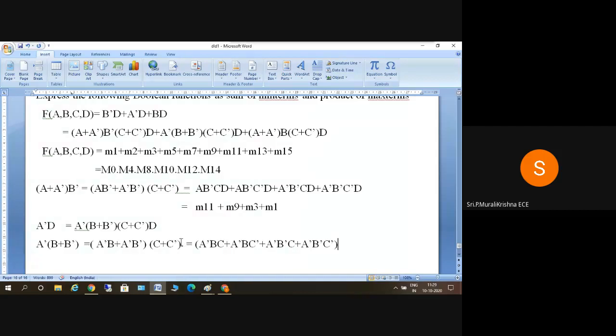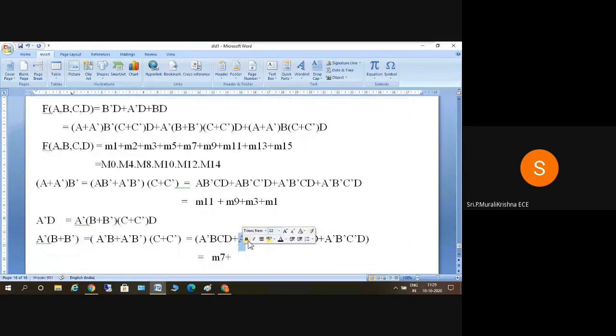Okay, and we have D. So multiply with D here. So insert D for all the terms here. So what are these terms here? So 0, 1, 1, 1. So that is M7. M7 plus, so you know where I'm taking zeros. I mean, ikkada check cheyali meer.